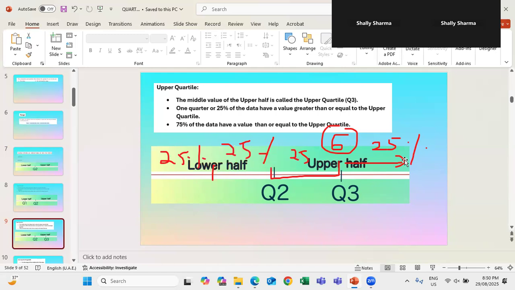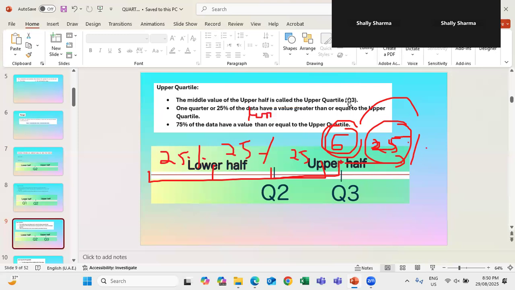When we talk about the upper quartile, let's say its value is 6, so 25% of values will be more than 6, and 75% of values will be less than or equal to 6, and that is written here: 75% of data values will be equal to or less than the upper quartile. Here you have to use the word less.